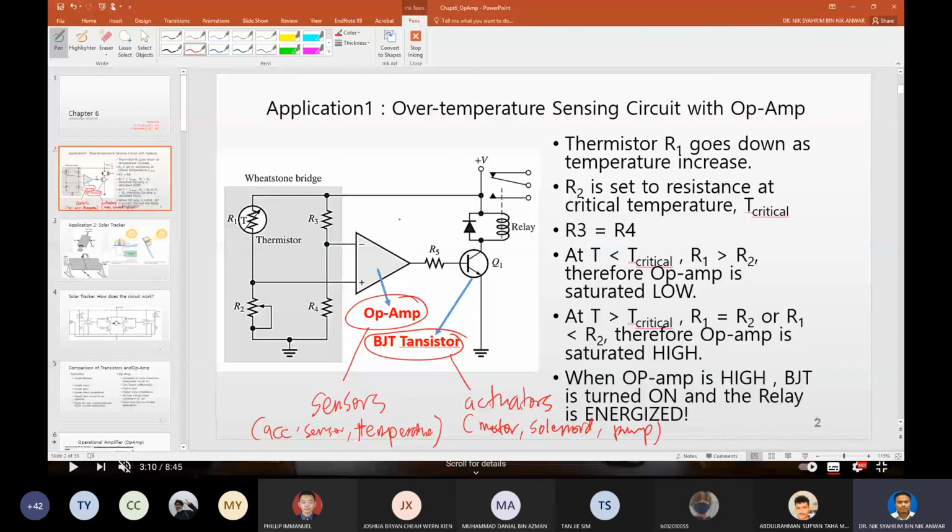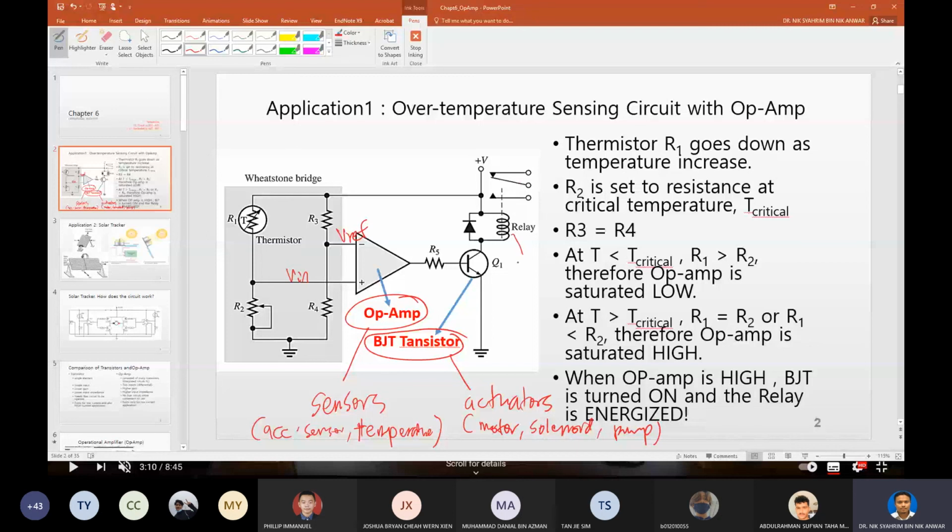This is your VREF, set by the potential divider, and your Vin from the sensor will be compared to a reference voltage or reference temperature, so that when it reaches a certain reference temperature, it will turn on the BJT here, so that the relay will be switched.